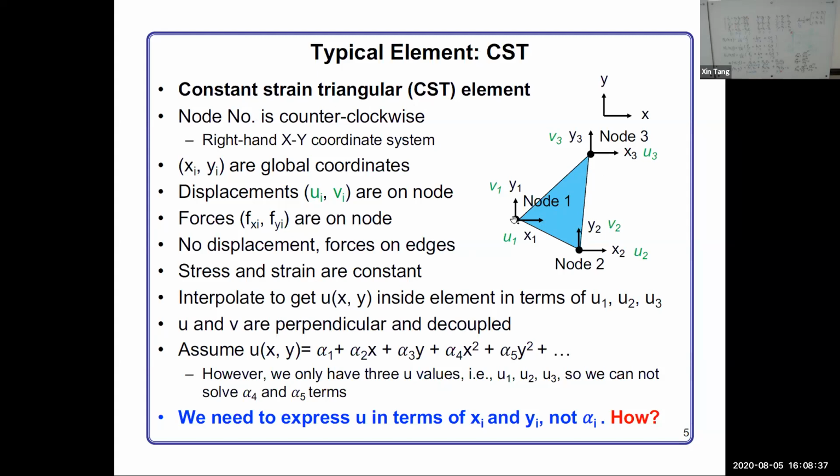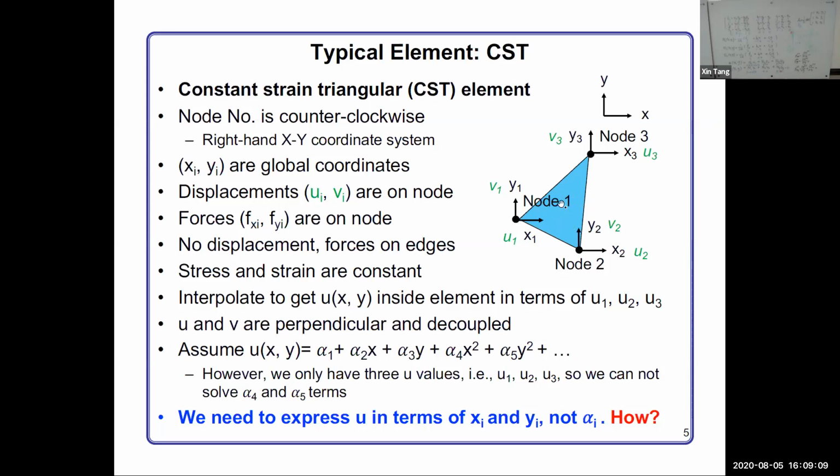It has three nodes, node 1, node 2, node 3, following the counterclockwise sequence. Each node has 2 degrees of freedom: one displacement in the x direction called u1, one in the y direction called v1. And that element also has its own coordinates, x1 and y1. Same thing for node 2 and node 3.